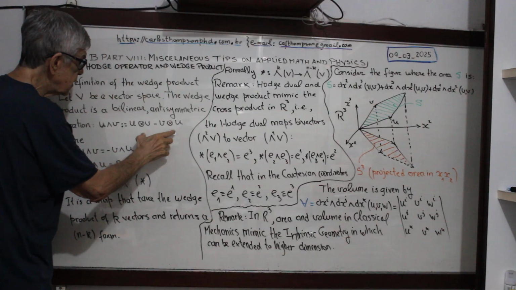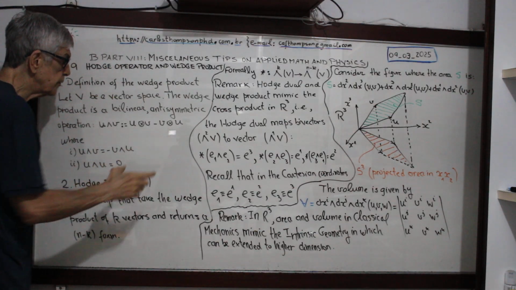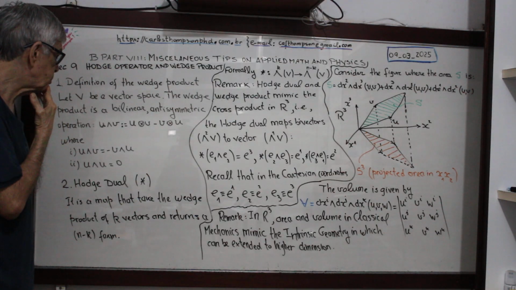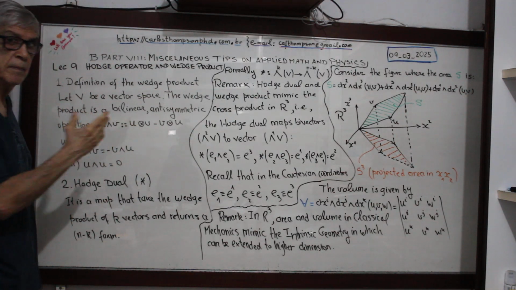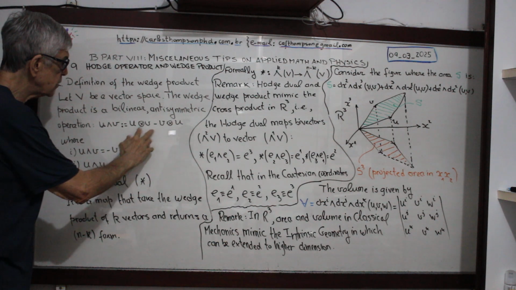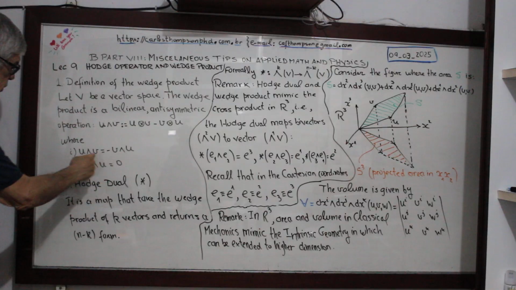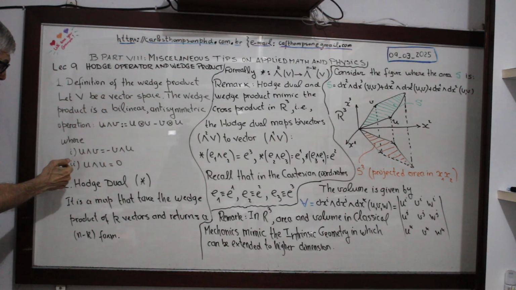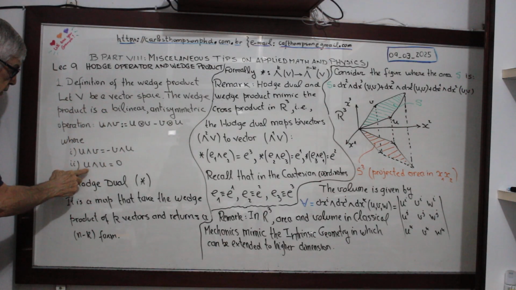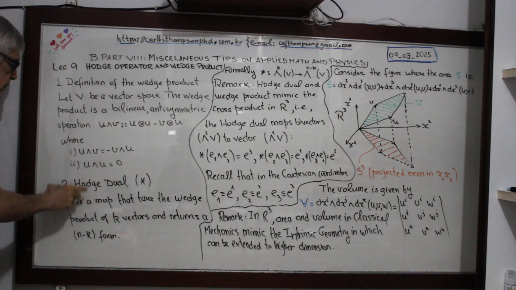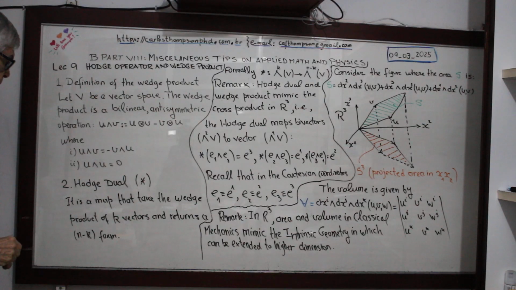You can see here, by definition, that this wedge product is bilinear. You can swap U and V, then you obtain a minus over here. This is by definition. And also, U wedge U will be 0, by definition.